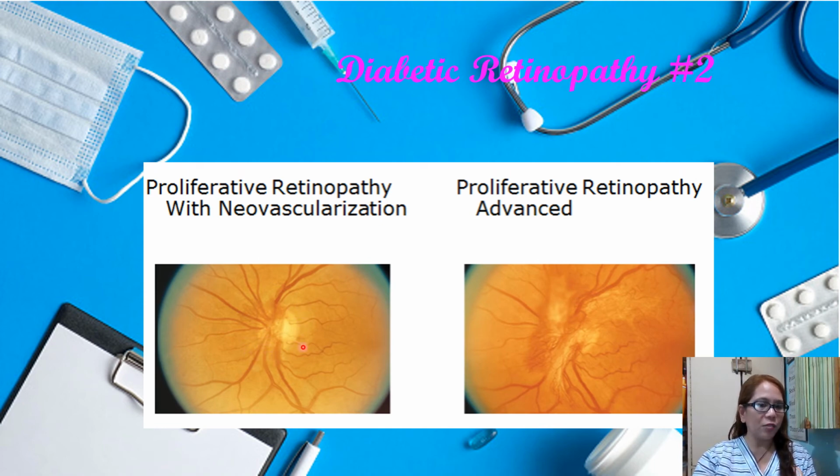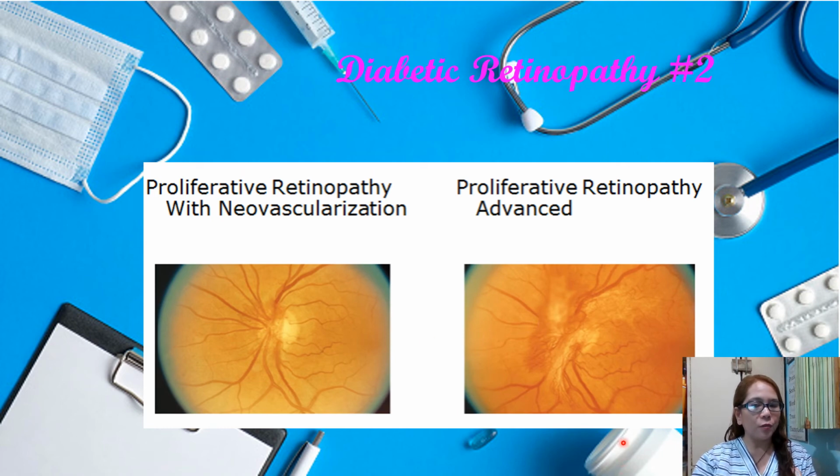So note this picture. Note that there are new pre-retinal vessels arising on the disc and extending across the disc margin. This is the disc margin. The visual acuity here is still normal. However, the risk for visual loss, na pwedeng mabulag yung pasyente, is very high.